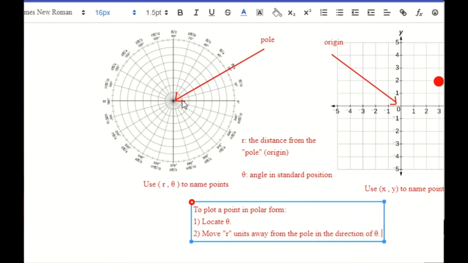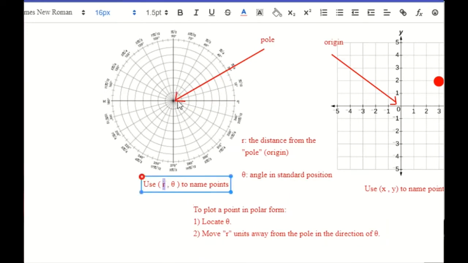So in other words, let's say we had a point that was 2 comma pi over 2. Well, theta being pi over 2 means we're going directly up. And then if the r value is 2, you would just go up 1, 2, and put the point there. The reason why it's r is because we're really talking about the radius of a circle. Notice all of these circles are concentric, meaning they have the same center, and they should be equally spaced.